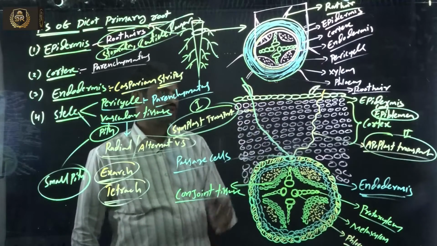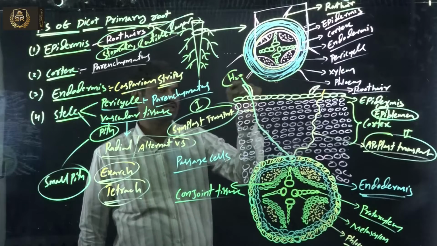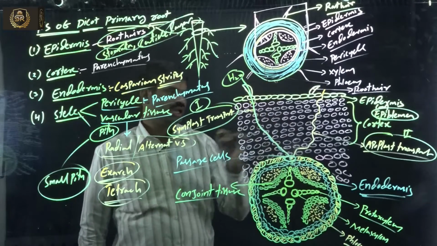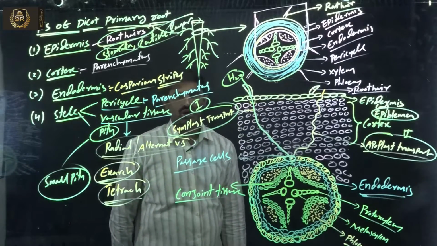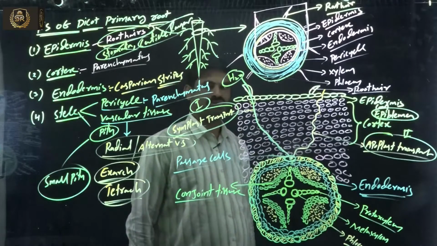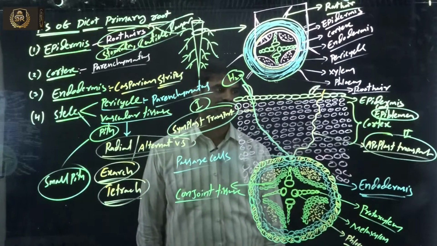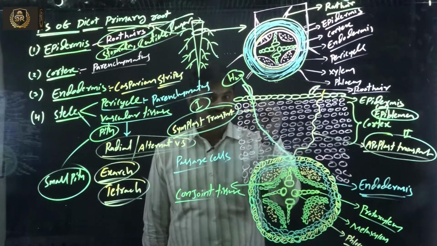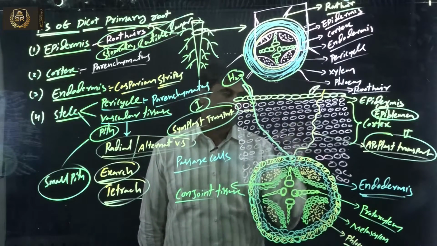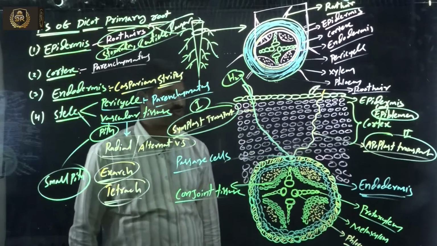Soil water and minerals enter the endodermis in two ways: symplast and apoplast. Symplast is living transport, an active transport. Apoplast is non-living transport, a passive transport.